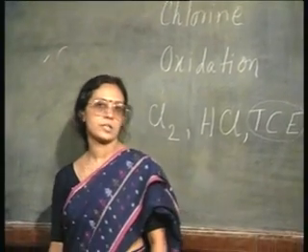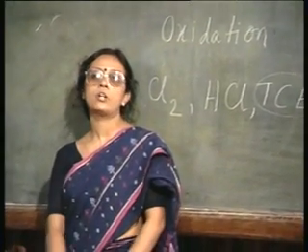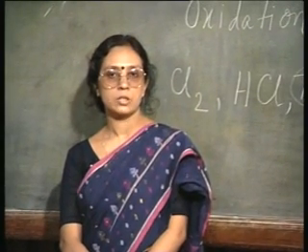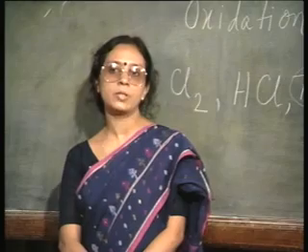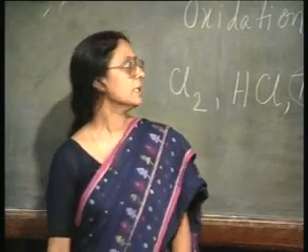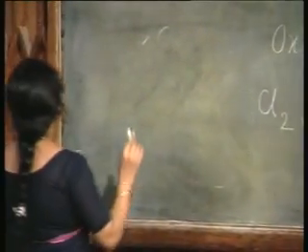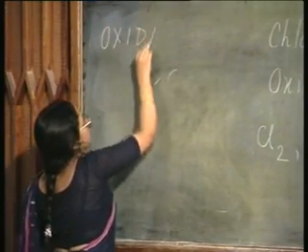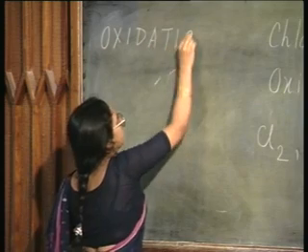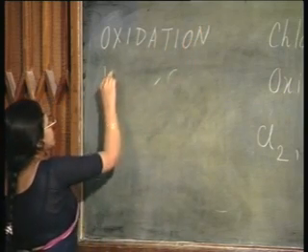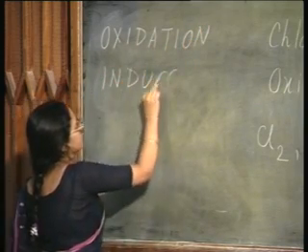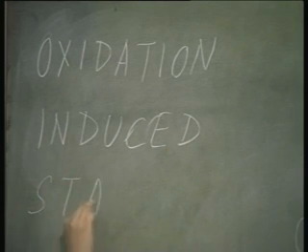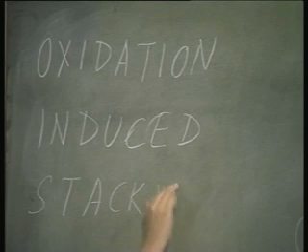Now, chlorine oxidation is used for combating quite a few other major problems in oxidation. One such problem is called oxidation induced stacking faults, or the acronym commonly used is OISF.